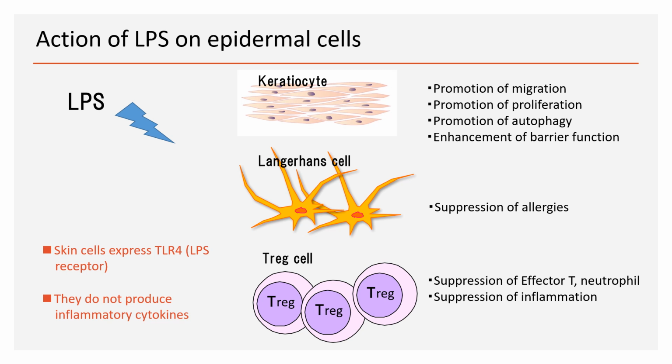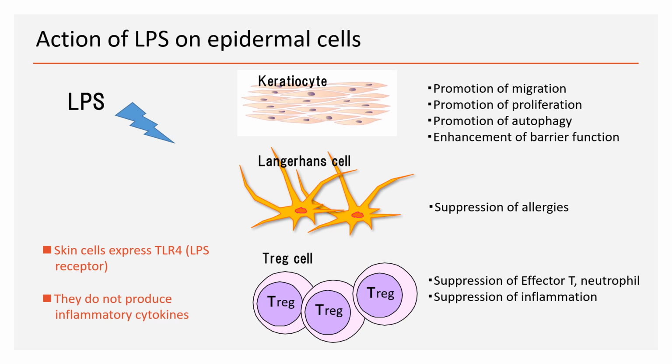The cells contacted and activated by the LPS deliver immunostimulatory signals throughout the epidermis. The epidermis also has immune cells such as Langerhans cells and Treg cells, in addition to keratinocytes. As these cells also have TLR4 receptors, they react to LPS. How do they react? In keratinocytes, promotion of migration, promotion of proliferation, promotion of autophagy, and enhancement of the barrier function are observed.